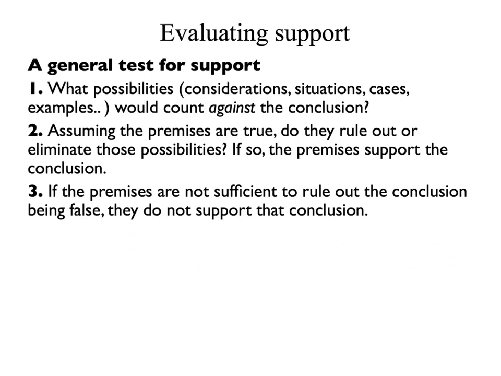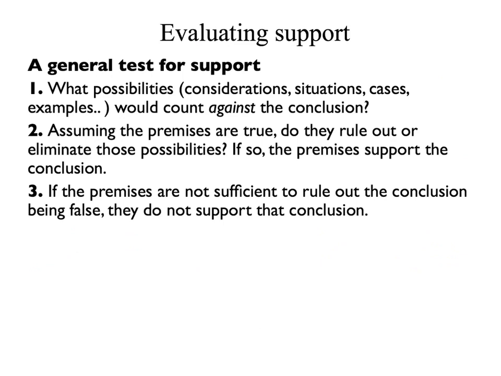It starts with the conclusion, and you should look at the conclusion and ask yourself, how could this be false? How could the conclusion be false? What are some possibilities or arguments, reasons, considerations, situations, examples that would count against the conclusion?